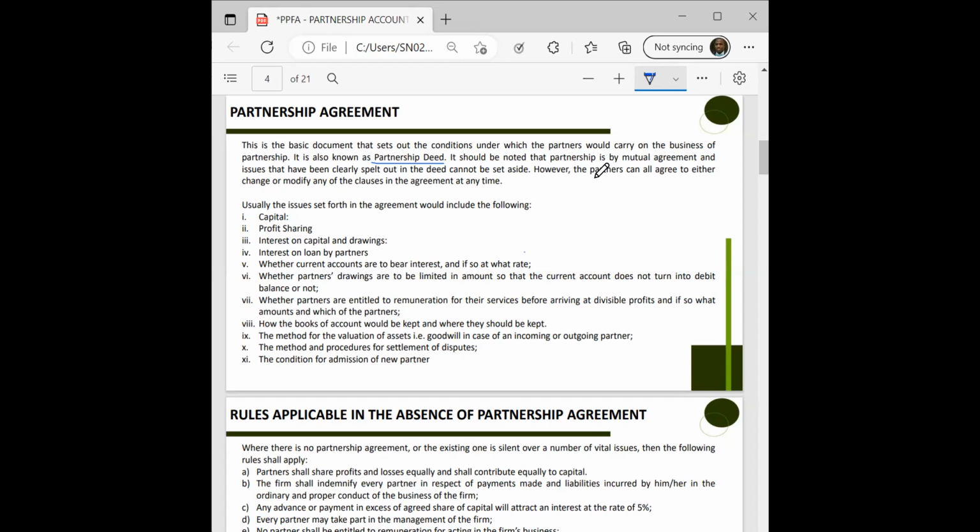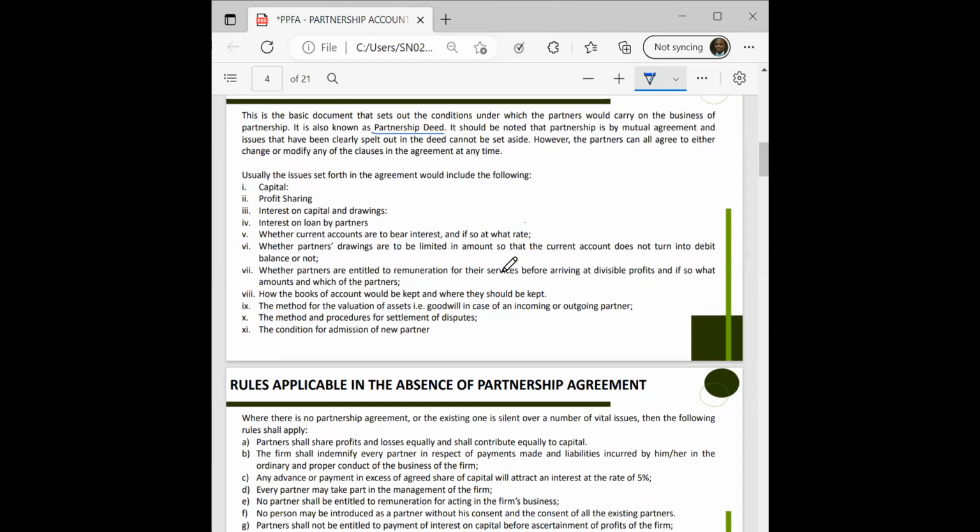Oh, if you take money from the firm as drawings, we are also going to charge you interest. All these things will be agreed. If the partners also give loans, what is the interest rate that will be payable on any loan advanced by any of the partners? These are some of the things that you would see in a partnership agreement.